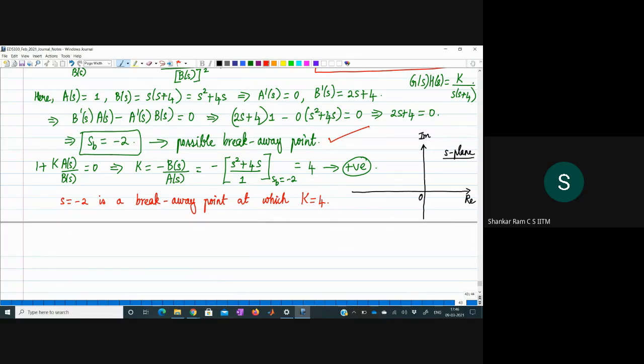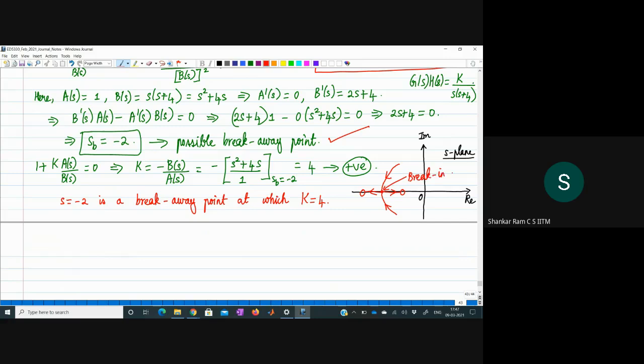Let us say we had two open loop zeros at these two locations. Then what may happen is that we may have one branch coming in like this, one branch coming in like this. They may intersect on the real axis, and the two branches may go and terminate at an open loop zero. Then we have what is called a break-in point.